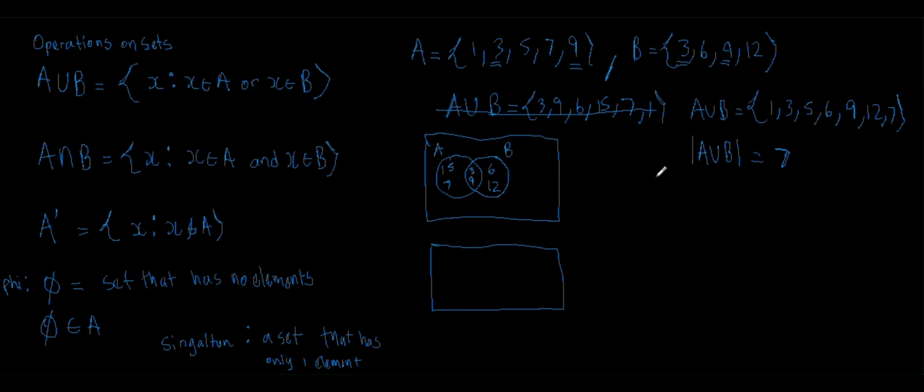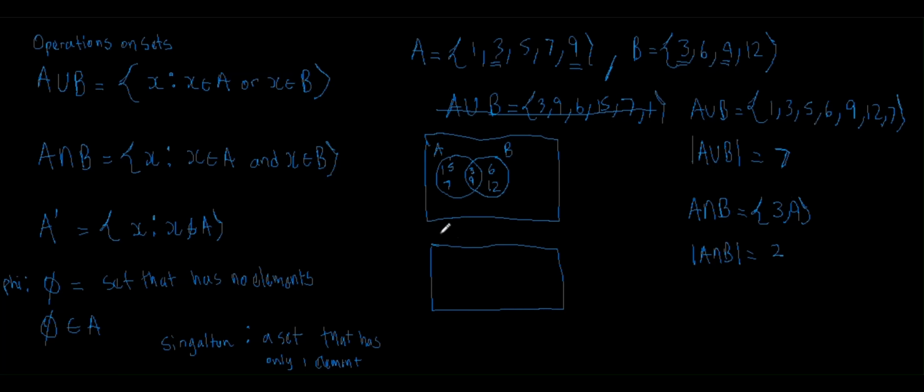Now the overlap here is A intersect B, meaning x is an element of A and B. So 3 and 9. So the cardinality of A intersect B is 2, meaning the number of elements in the set.